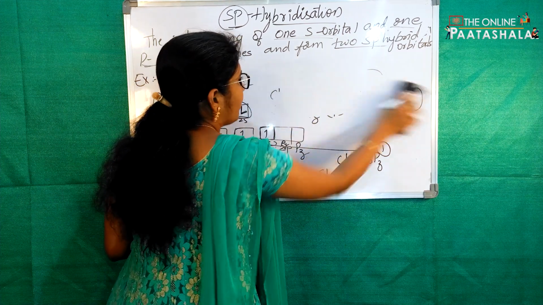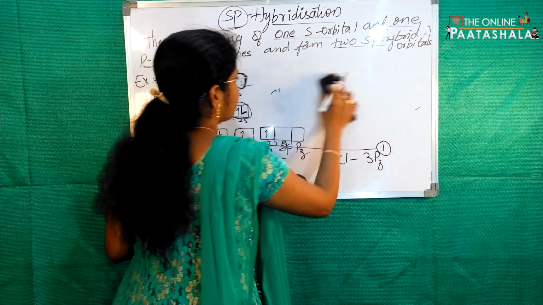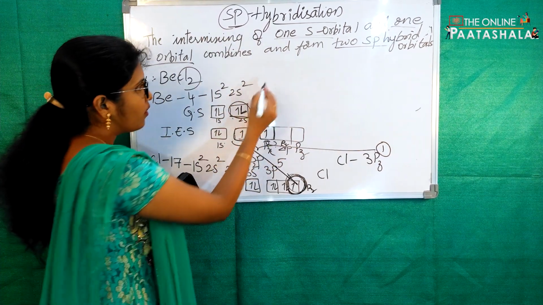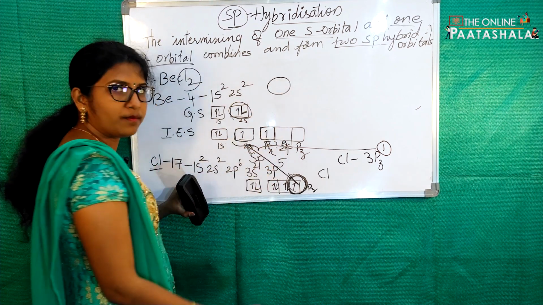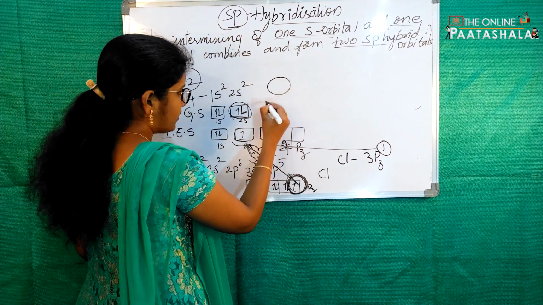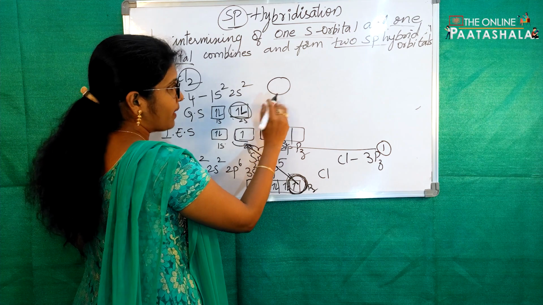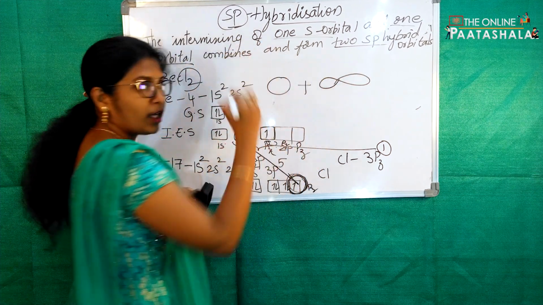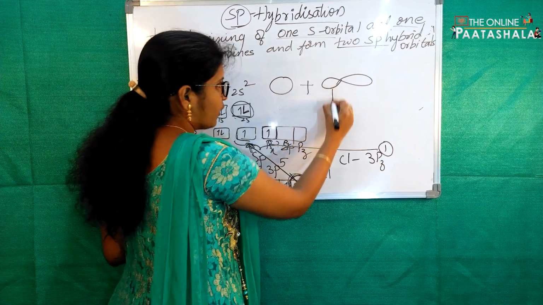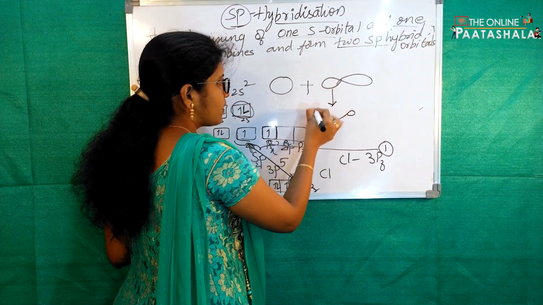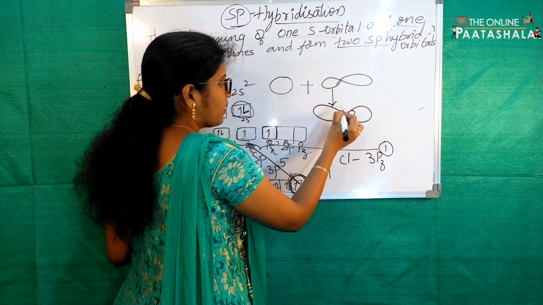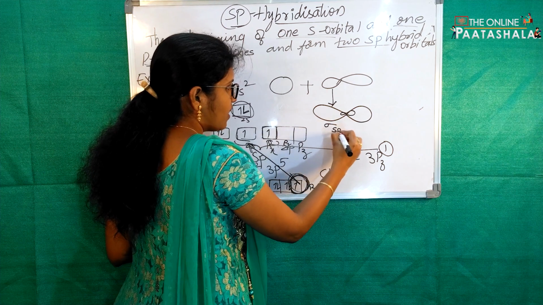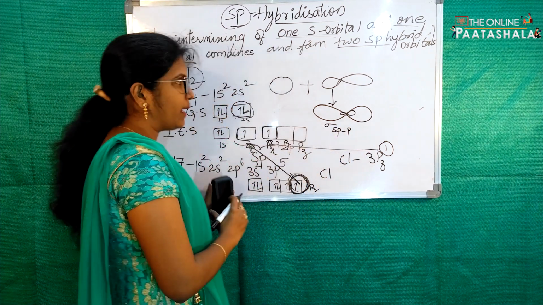Now, how it is forming, I'll show you. Here, one s orbital, this is for beryllium, and one p orbital form sp hybridization. This is sigma sp p hybridization.